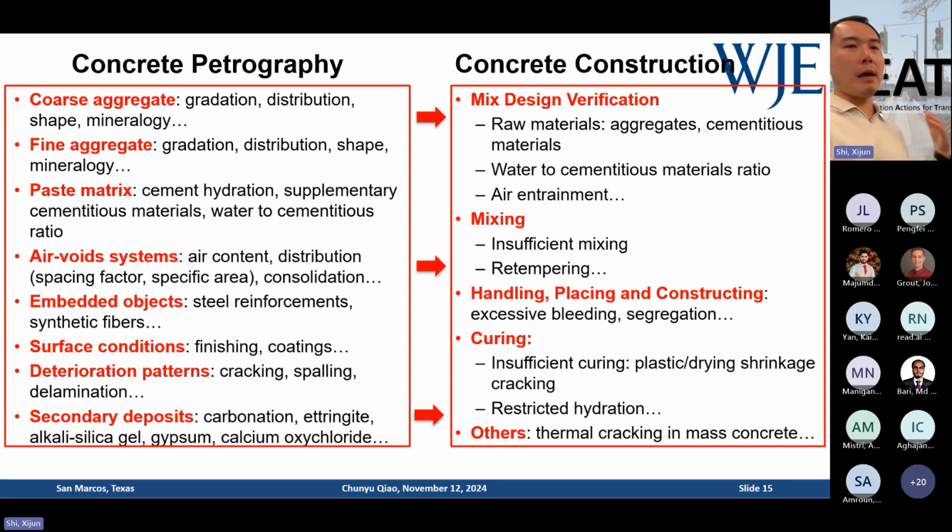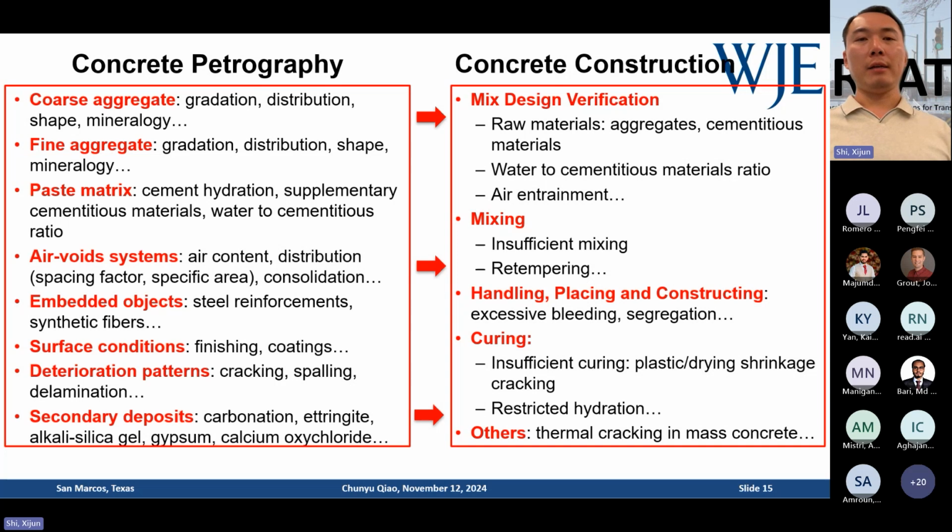With all the component characterization, the surface condition assessment, the distress characterization, and the secondary deposit evaluation. So for projects involving or regarding construction, we can verify the mix design, too.